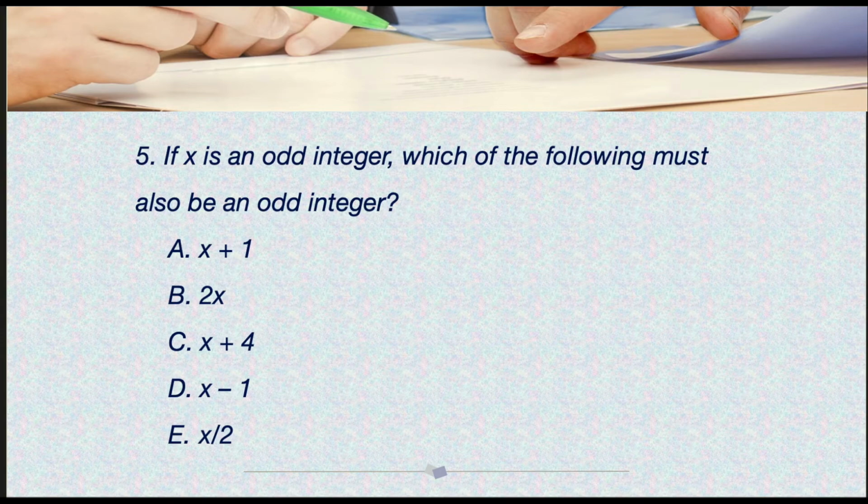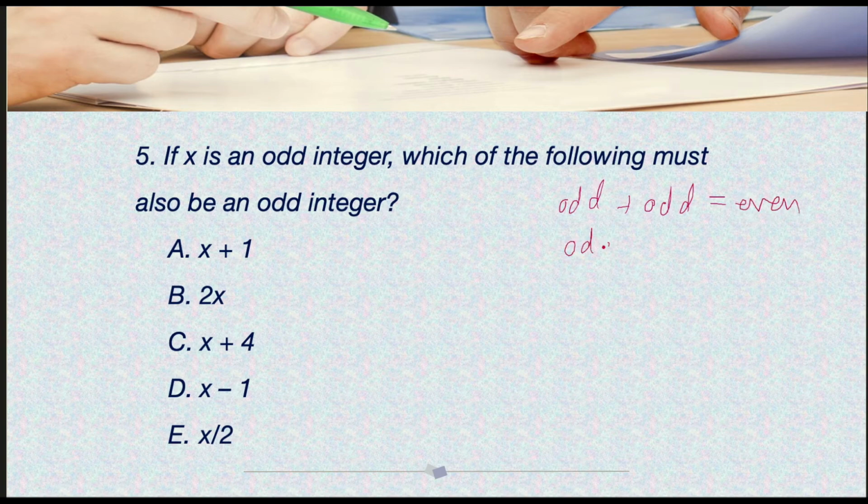Number 5 is something about algebra. It says, if x is an odd integer, which of the following must also be an odd integer? To answer this directly, this is the thing that you should remember. Odd number plus odd number is equal to even.